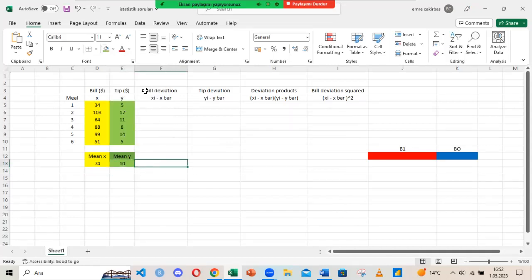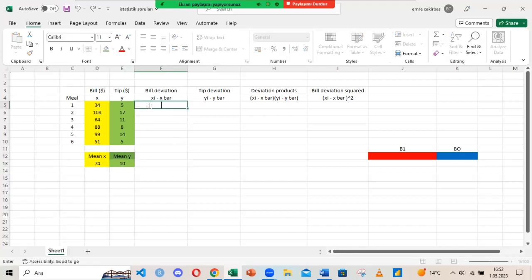And for finding the bill deviation, for the ith bill, $34 minus x bar, the mean of x, that will give us minus 40.